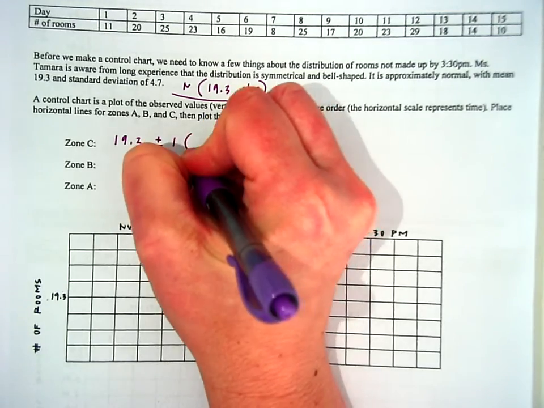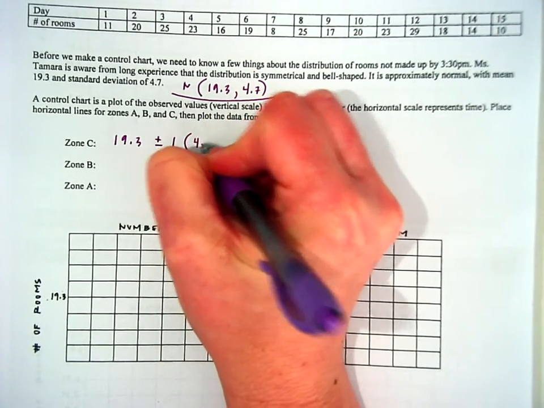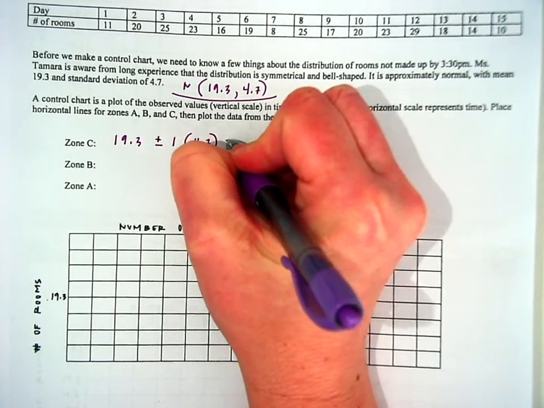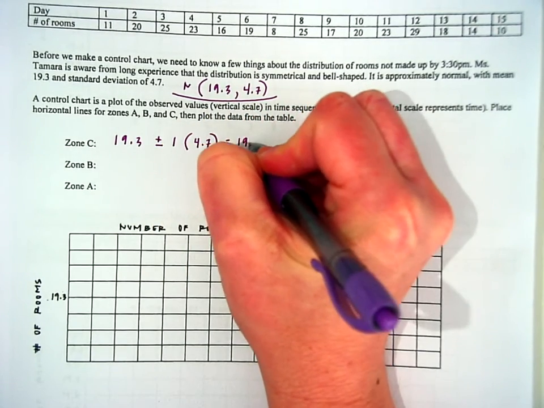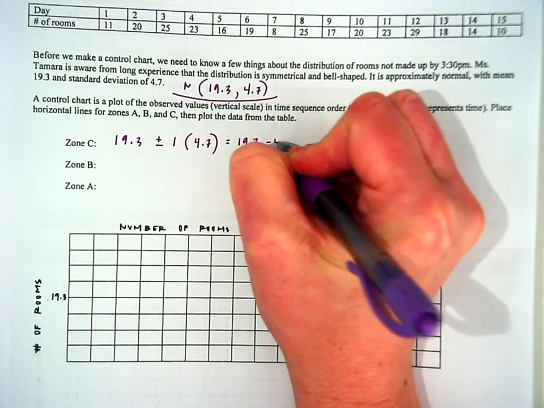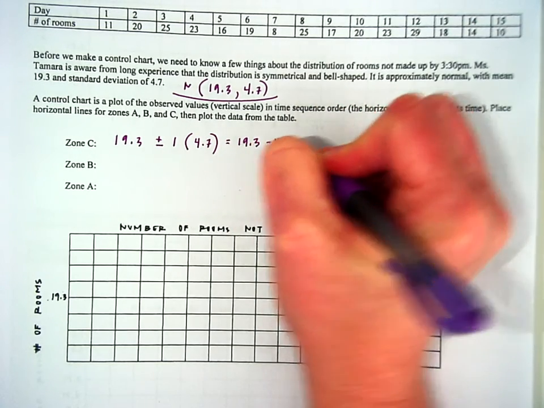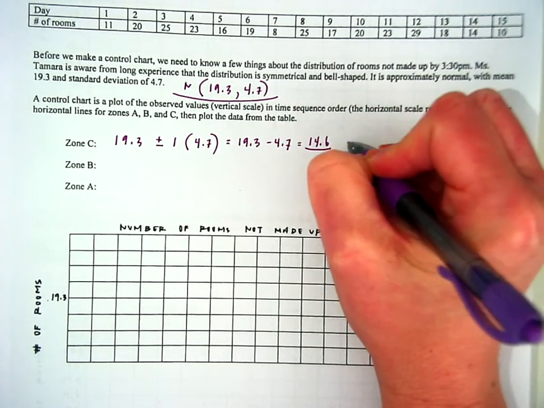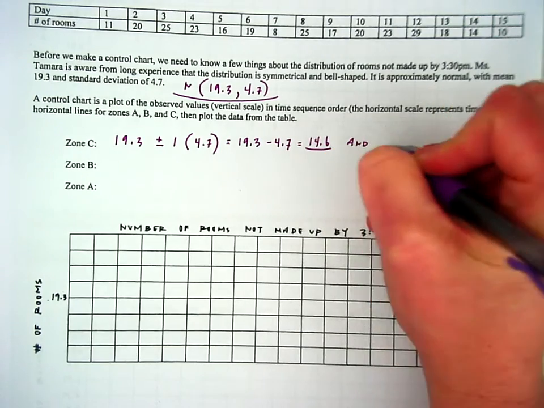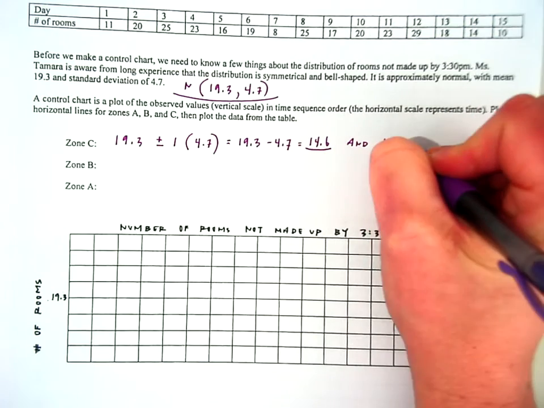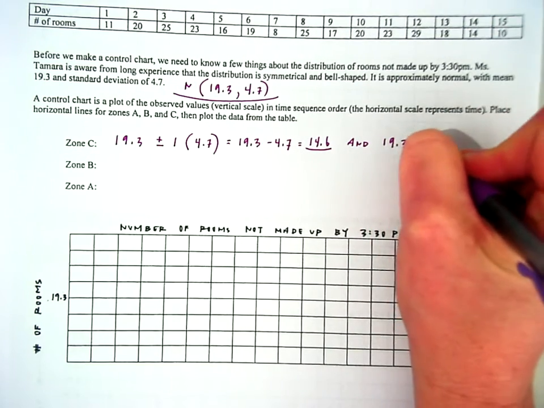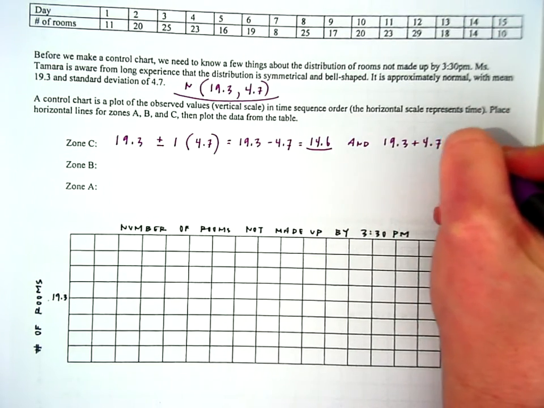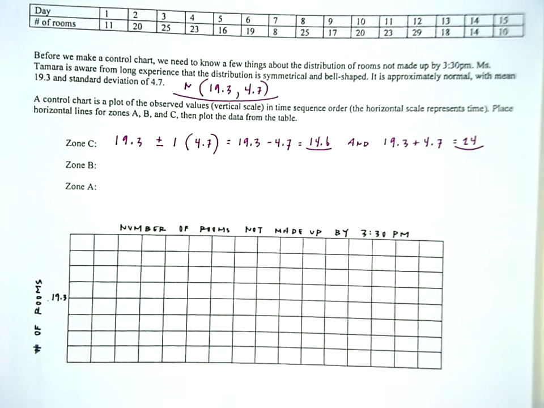So 1 times 4.7. What's 19.3 minus 4.7? That gives me 14.6. And then my other one will be 19.3 plus 4.7. That gets me 24. I'm just going to find them all first before I do anything else.